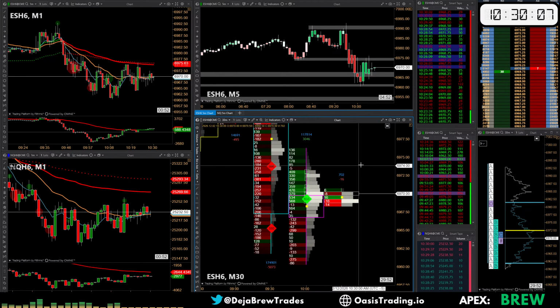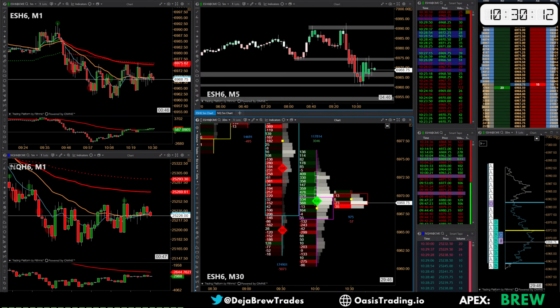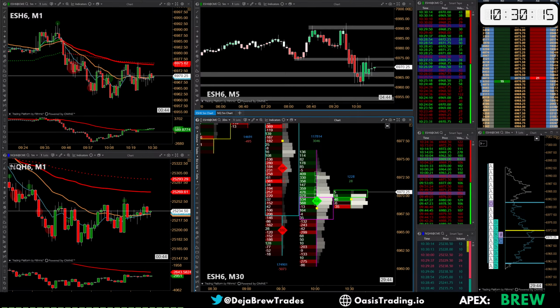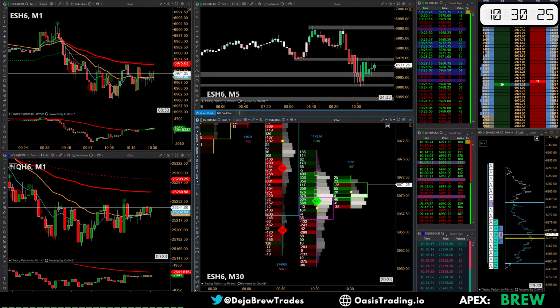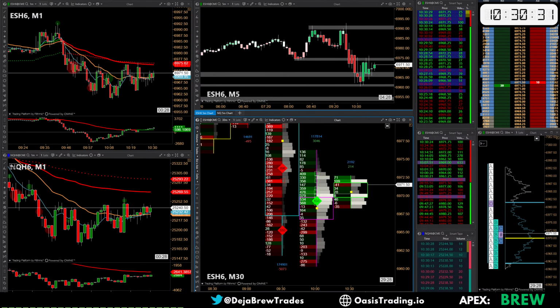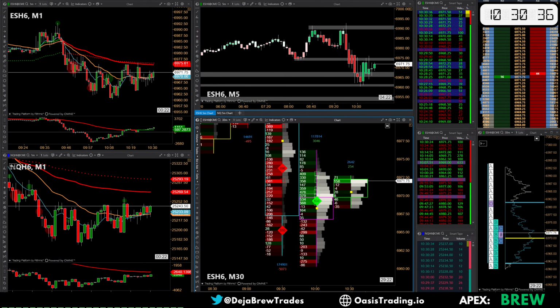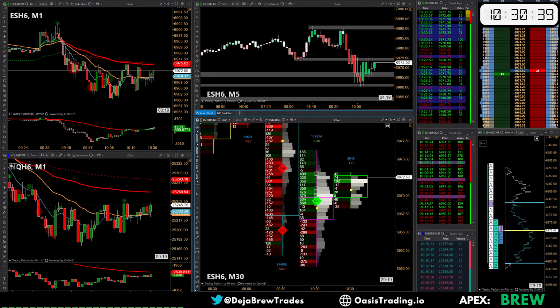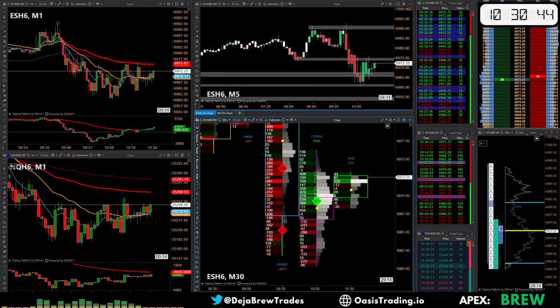And now we have all these binary options basically for these betting markets, prediction markets. Interactive Brokers does that.